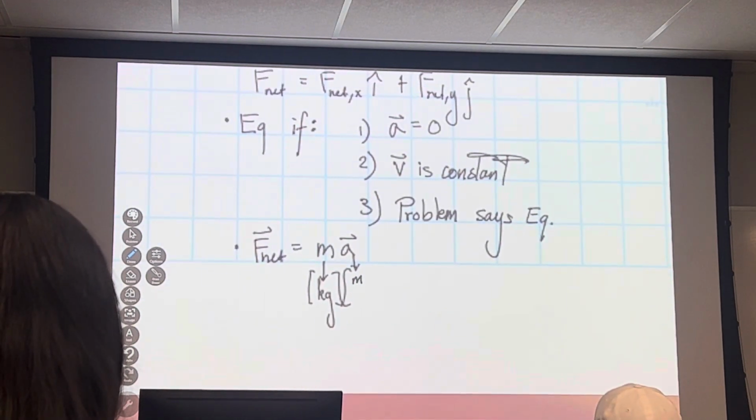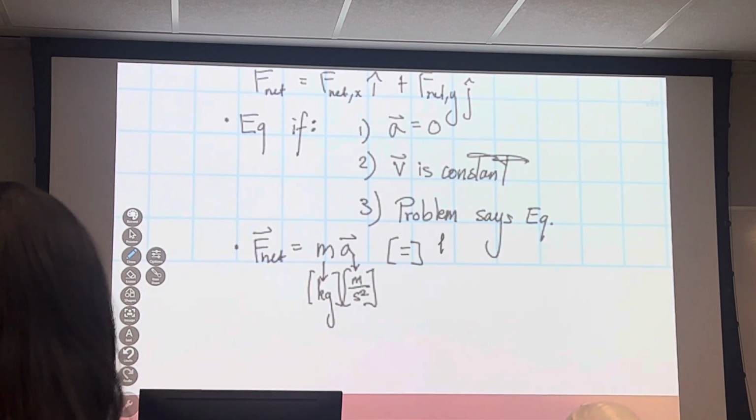Okay, I'm hearing a lot of whispers, so there's a lot of lack of confidence in this class. Meters per second squared is correct. So the net force then has units of kilogram meter per second squared, which is defined to be what's called a Newton, capital N, Newton.